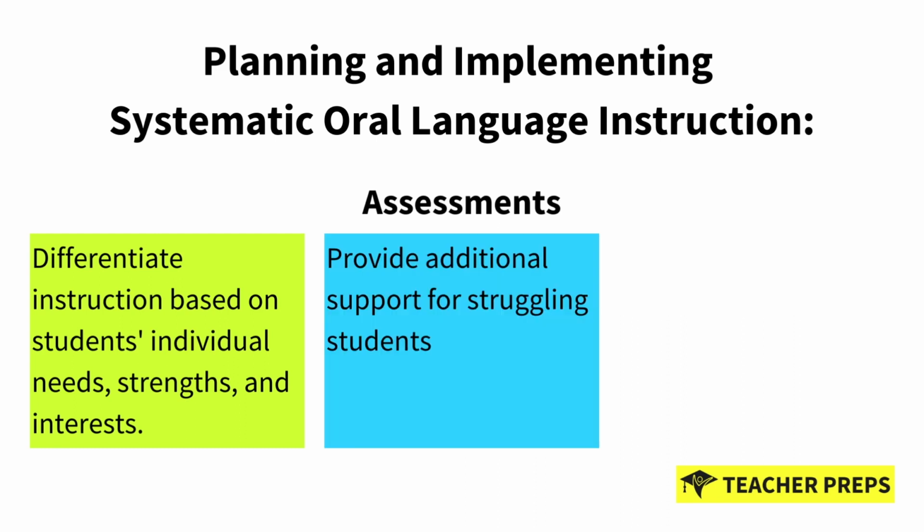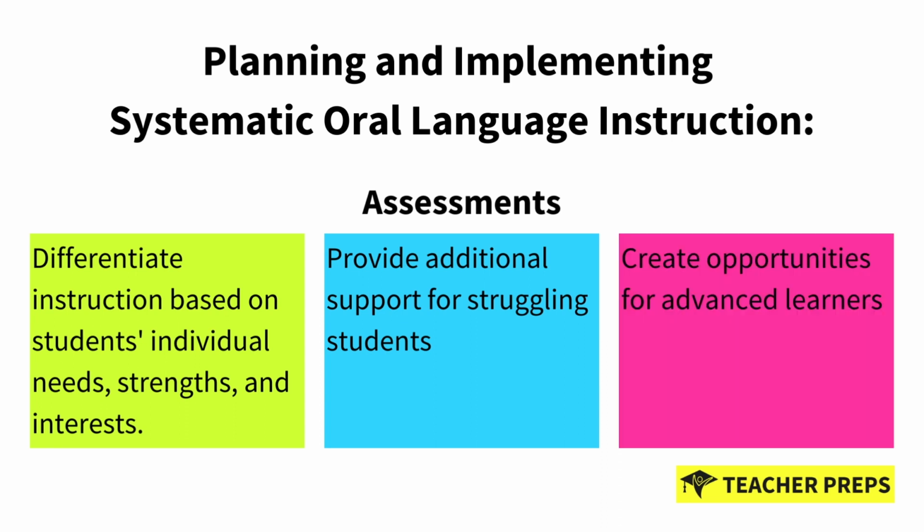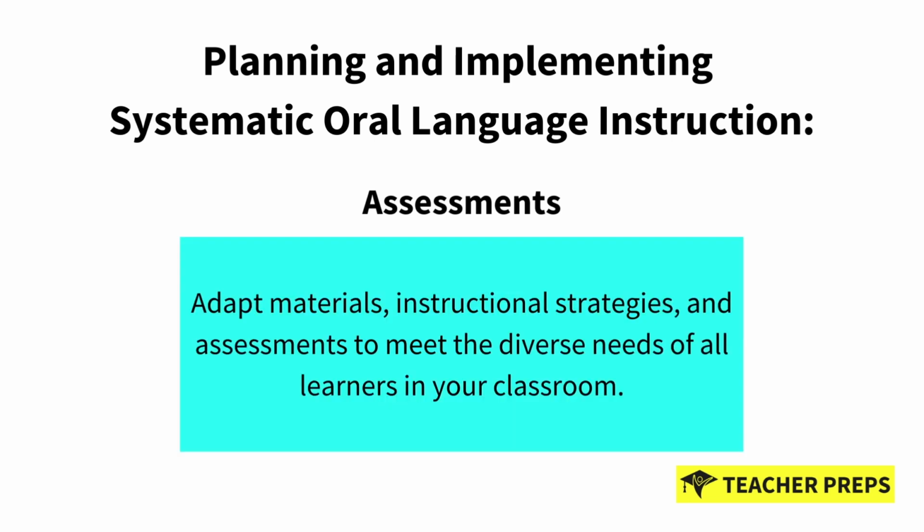Provide additional support for struggling students, and create opportunities for advanced learners. The overall lesson that the test administrators want you to know is that you will adapt materials, instructional strategies, and assessments to meet the diverse needs of all the students in your classroom.